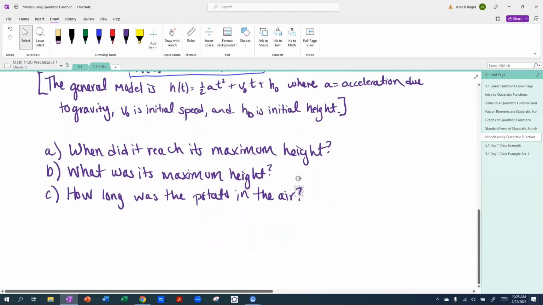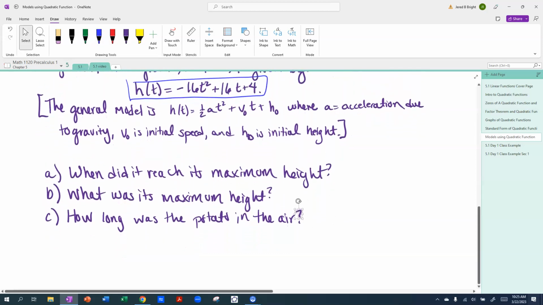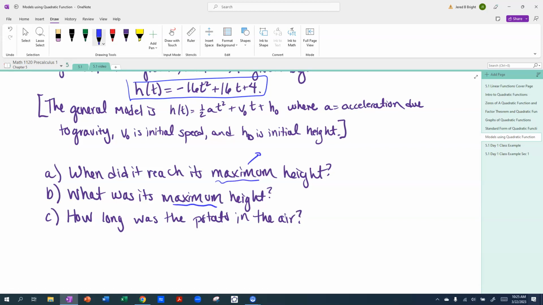Okay, so when did it reach its maximum height? Whenever I'm dealing with maximum, I'm looking for the vertex. Or if I'm finding the minimum, I'm finding the vertex, since this is a quadratic function. In this case, A is -16, which is negative, right? So this means it's concave down. When it's concave down, that means I have a maximum.